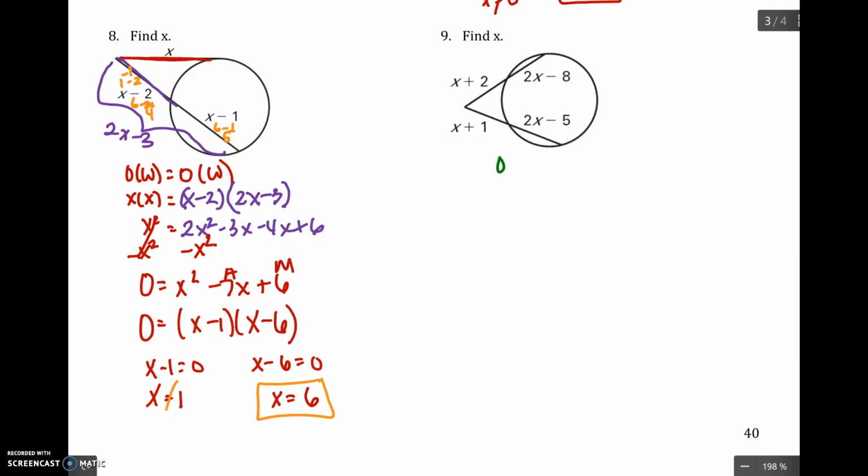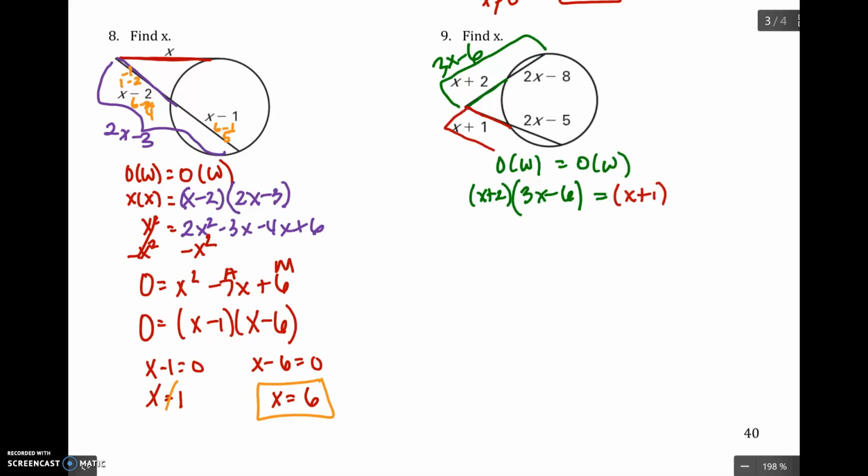And then finally, number 9, same idea. Outside times whole equals outside times whole. The outside portion here is x plus 2. Since it's a binomial, it goes in parentheses. And the whole thing, if you add those together, is going to be 3x minus 6. Okay, and then on the bottom part, x plus 1 is the outside portion.